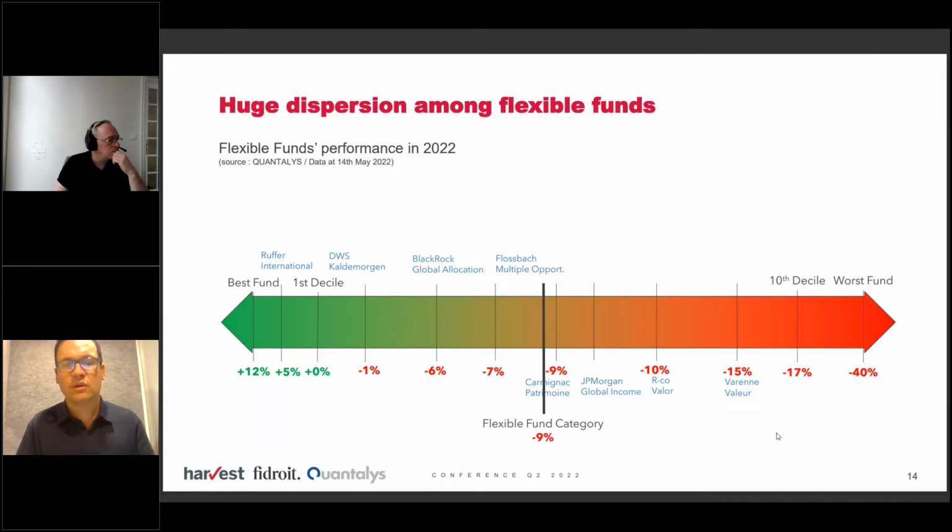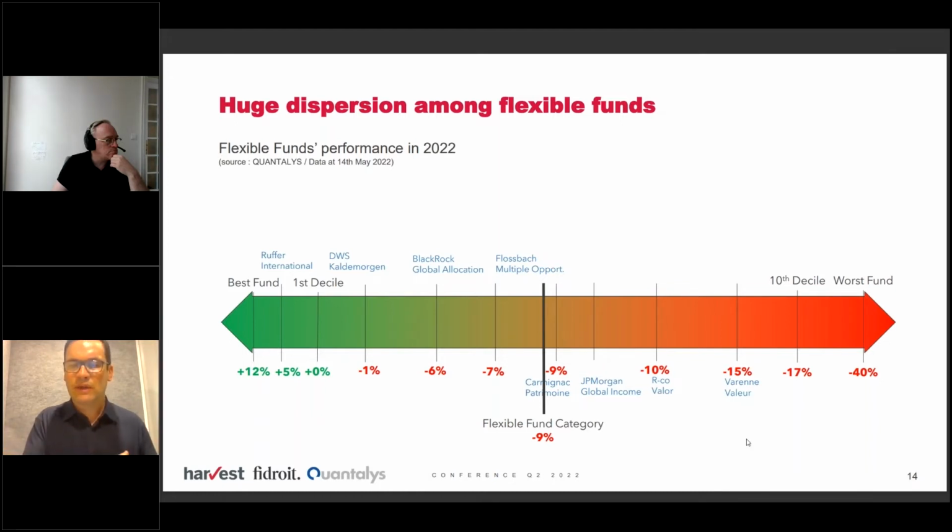We just listed and communicated some names of the big blockbusters like Refer, positive 5%, or DWS, or Deutsche Bank, Carmignac, Morgan, negative just 1%. You have the performance of the category at minus 9%, and you see this dispersion, a very difficult situation.